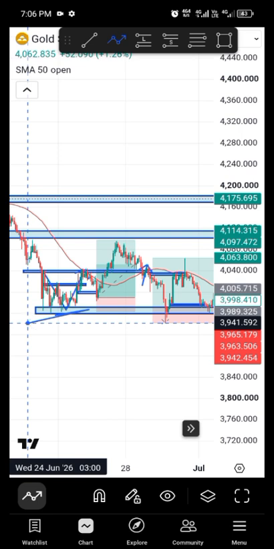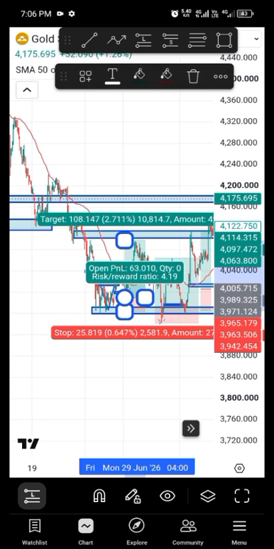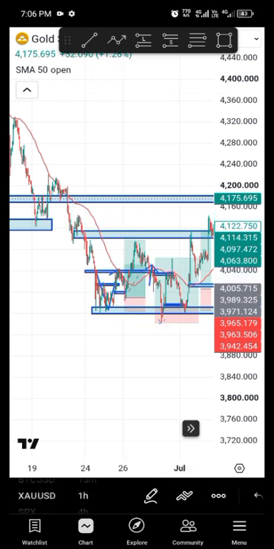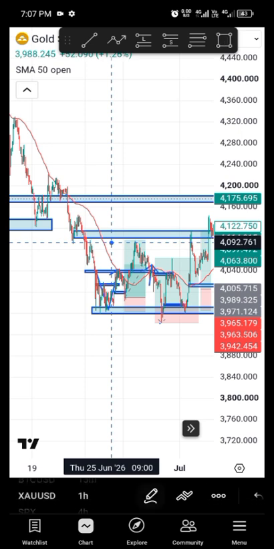So now the next one we'll be looking at, let's look at this particular zone as support.